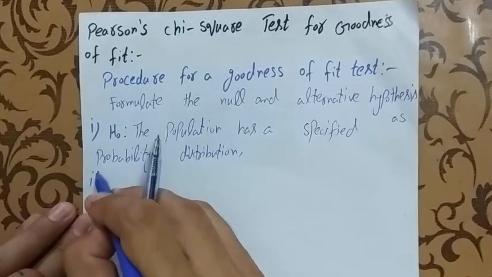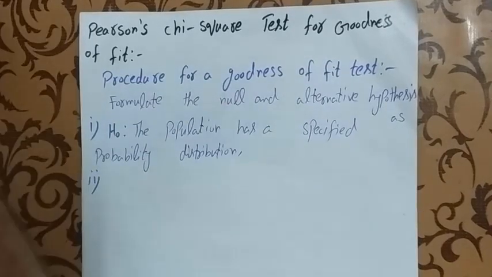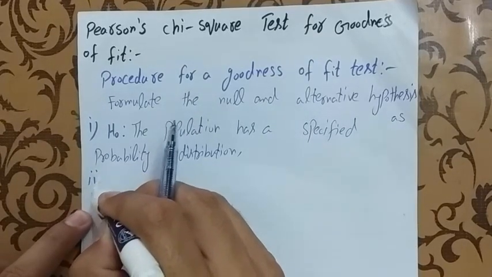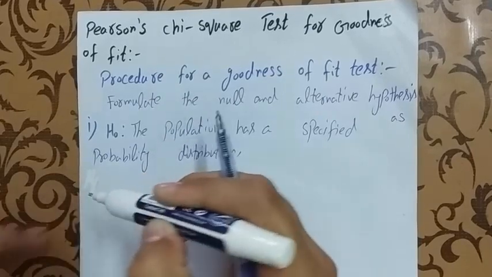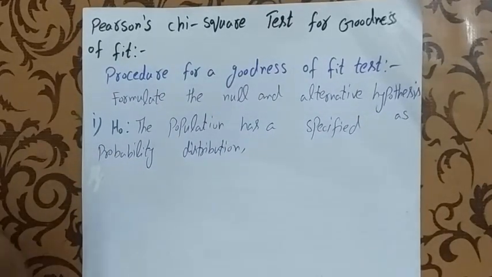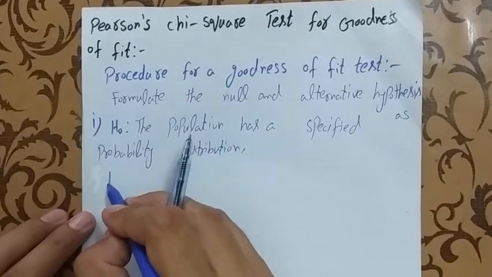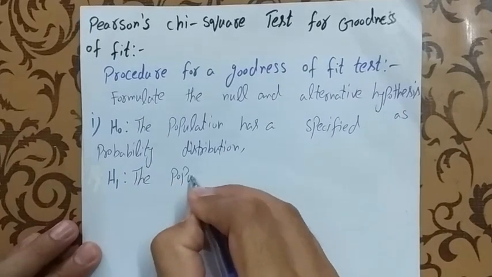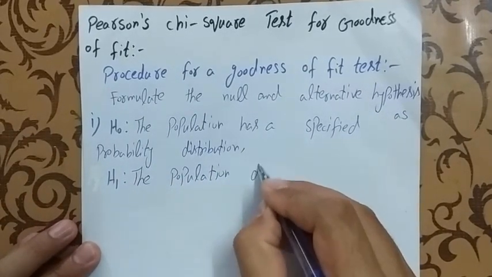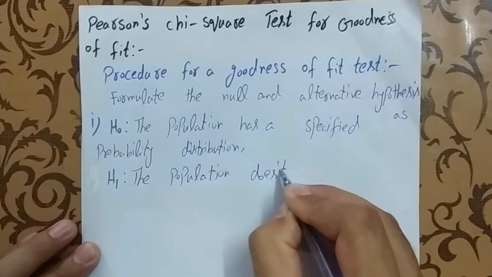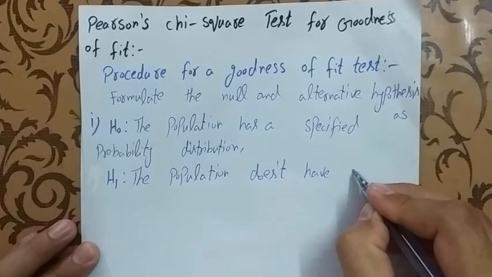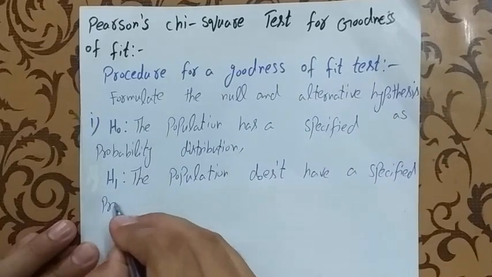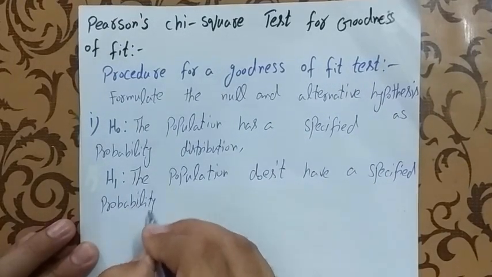And the second is H1, the alternative hypothesis: the population does not have a specified probability distribution.